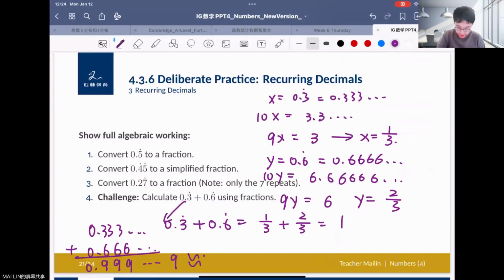The distance between this value and 1 is 0.000, a lot of 0s and then 1. You can consider this a very tiny value, very small, so we can consider it equal to 0. So 0.999 plus 0 equals 1. That means this value just equals 1.